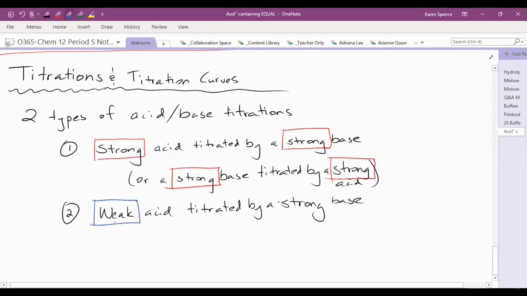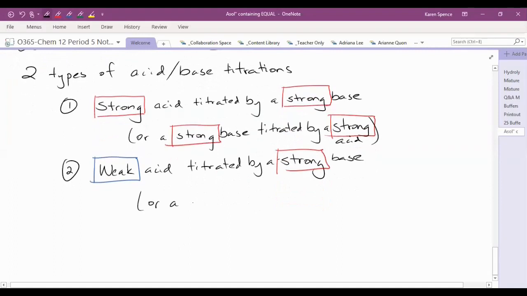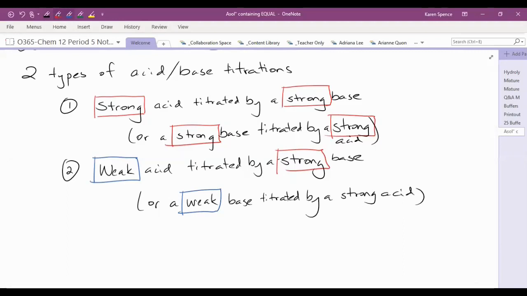So weak acid titrated by a strong base, or in the same vein, a weak base titrated by a strong acid. There we go. So again, weak, strong.